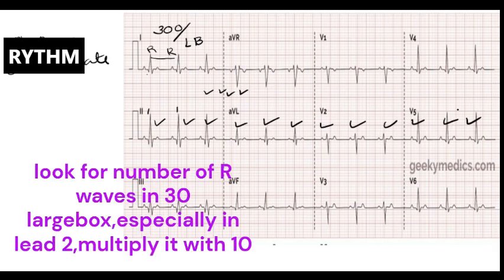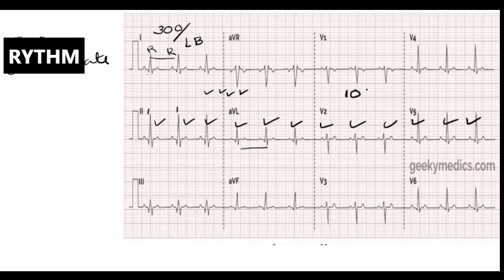Assume that this is irregular; the formula is 10 times the number of R waves in that 30 large box ECG strip. Do you understand? So assume there are maybe 12 R waves, then it is 10 into 12, that is 120 beats per minute.